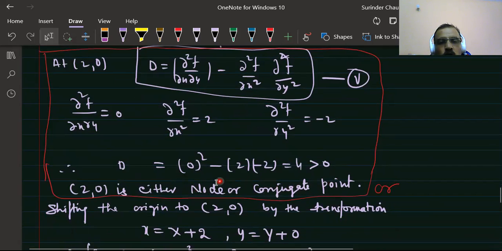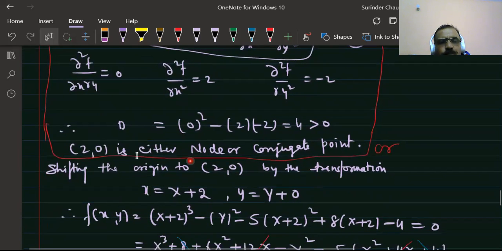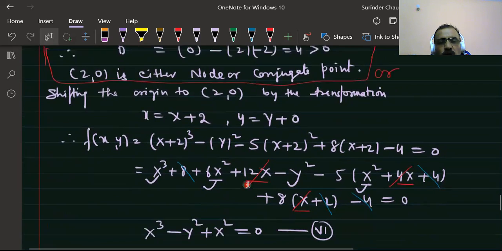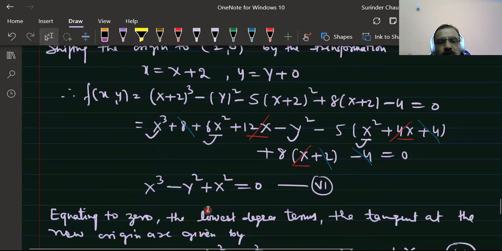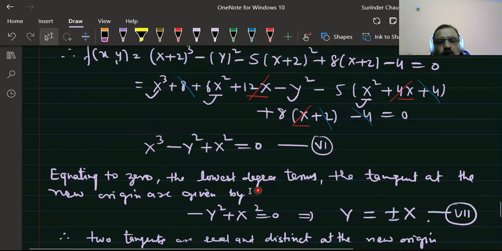Now to decide whether it's a conjugate point or a node, shift the origin to this point using a transformation. After shifting the origin, we get the same equation as before. So now the origin is shifted to (2, 0). The origin of the new coordinates lies on this curve. Put the lowest degree terms equal to 0.